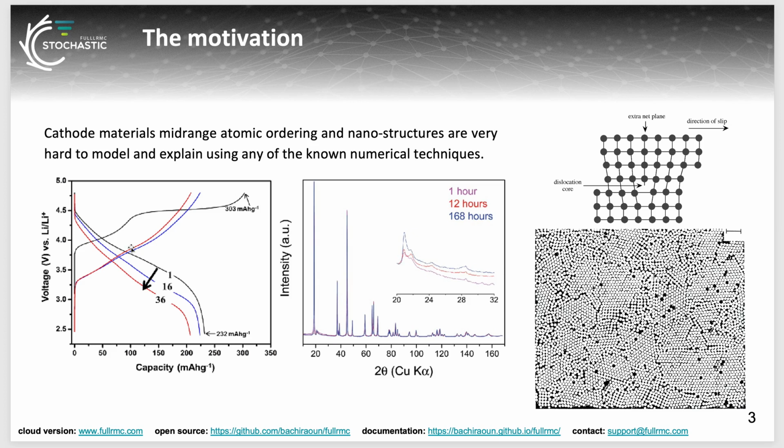So, a brief summary: those materials lose capacity with cycles, between cycle 1, 16, and 38. And looking at what's happening at a structural level, there is some mid-range ordering happening right here that no one was able to explain.